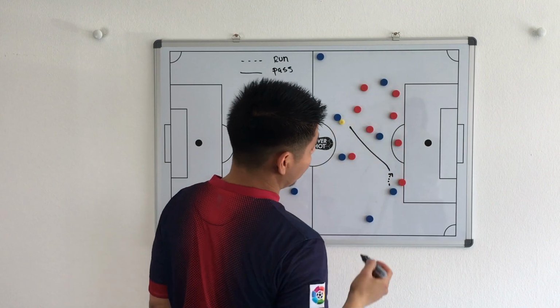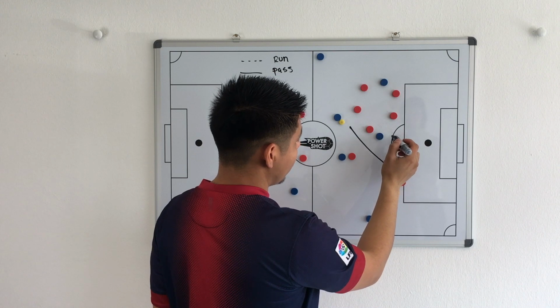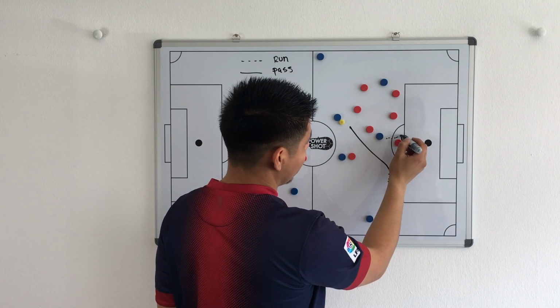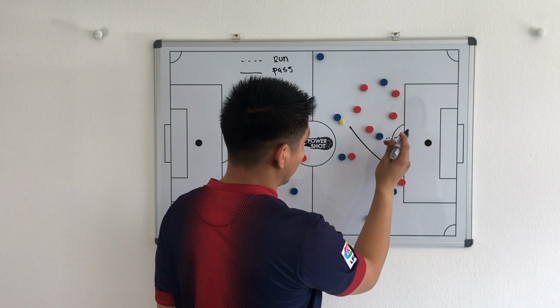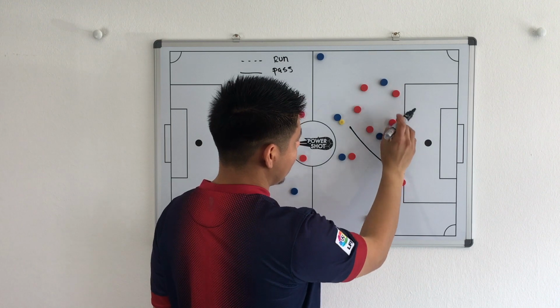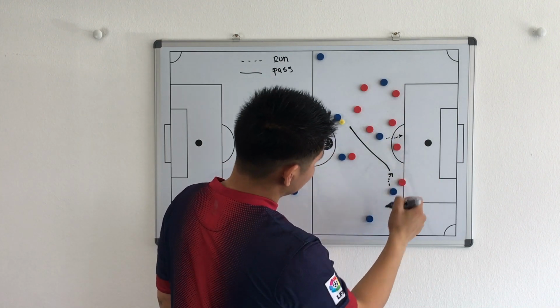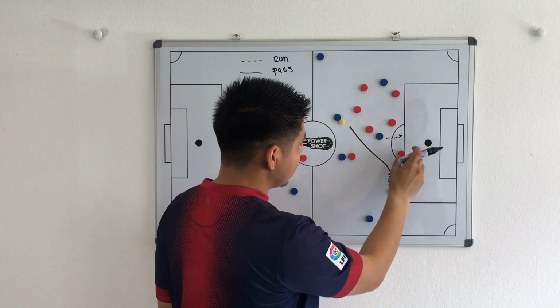So now our run, so that you create this gap, is to try to run right behind the left center back. So if you go there, then this center back, of course, also has to decide whether he's going to follow the false 9 or try to recover the ball and help somewhere in between these two players.